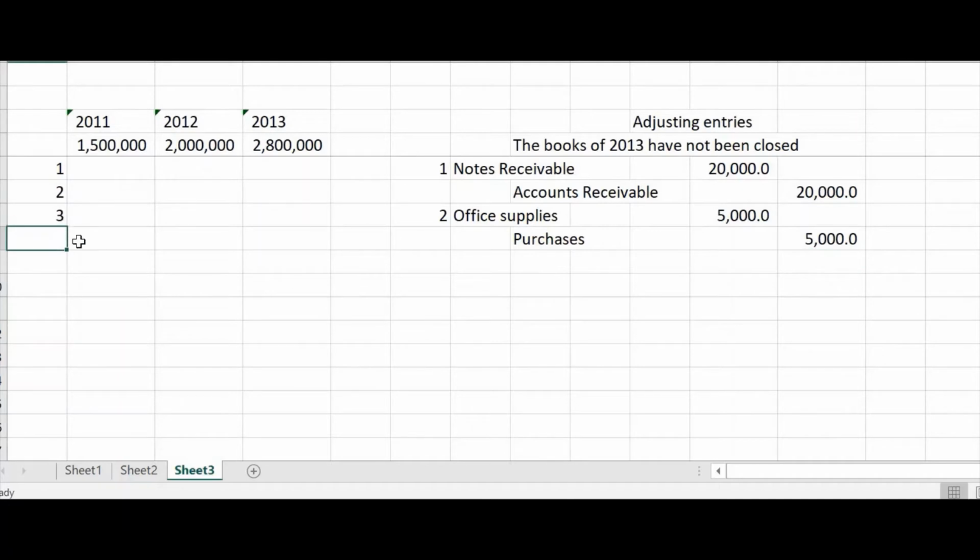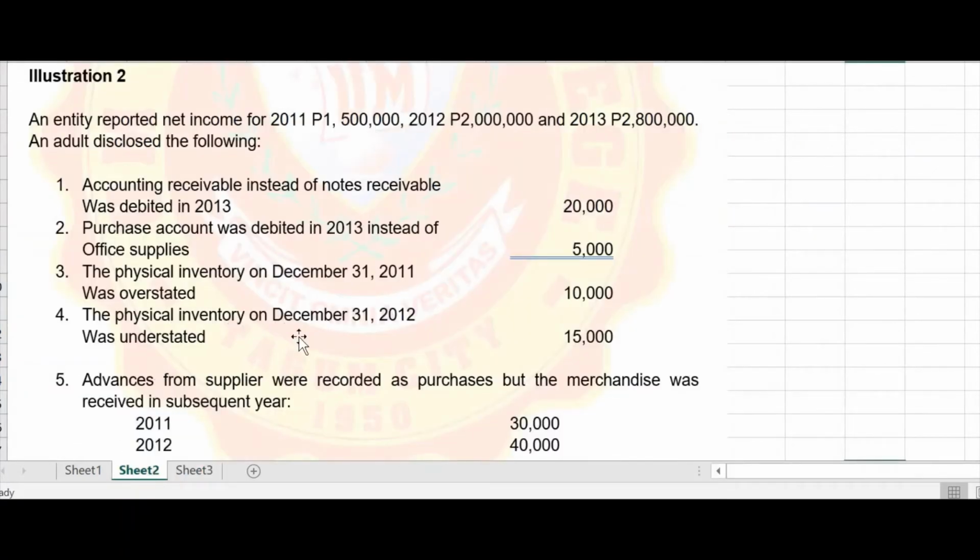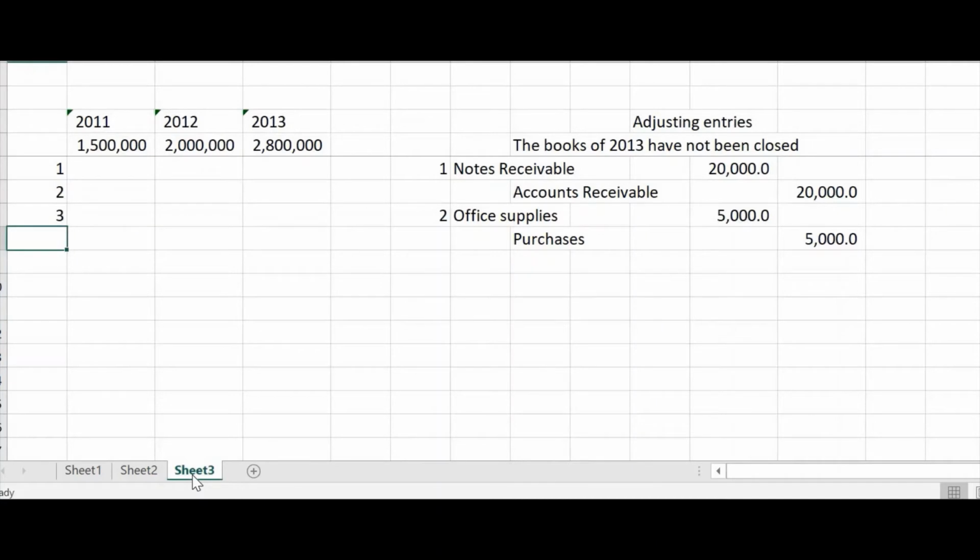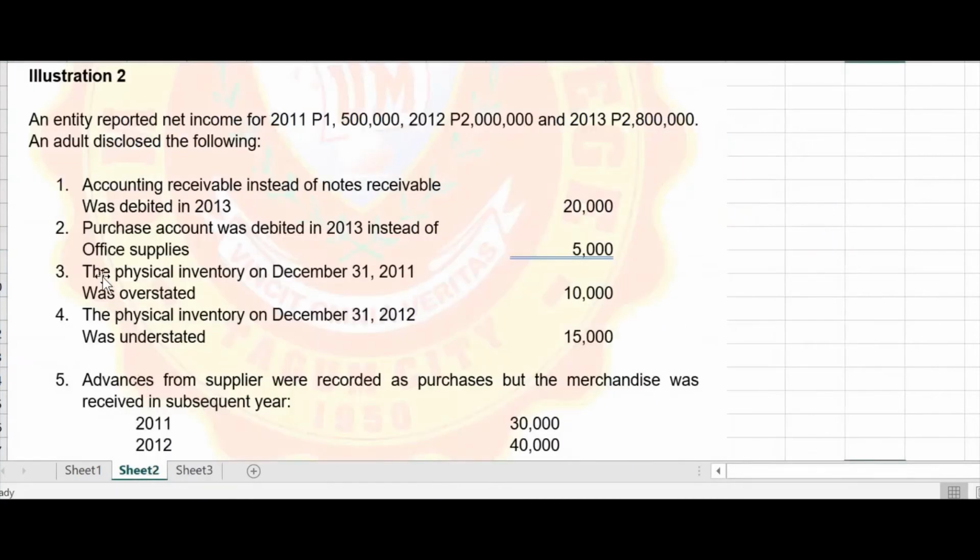Next, for number 3, the physical inventory on December 31, 2011 was overstated. Okay? So, this is a combined statement of position and income statement error, di ba? Of which, maapektuhan yung income and its related asset or liability. Okay? So, since 2011 ending inventory is overstated, that would lead to understatement of your cost of goods sold, and of course, overstatement of your net income by 10,000.